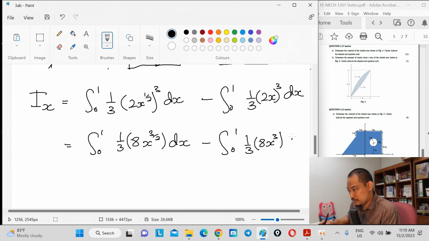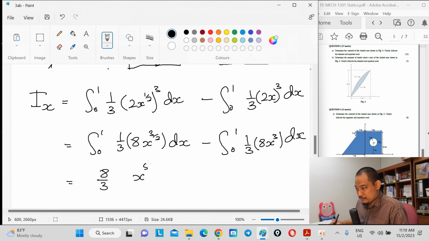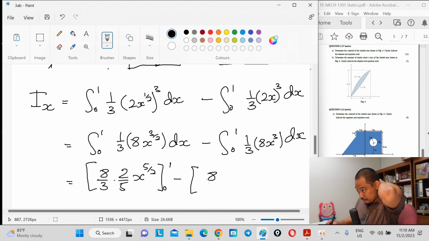Okay, so if you integrate, this is 8 over 3, right? 8 over 3, then x to the 5 over 2, times 2 over 5, minus 8 over 3, 1 over 4, x to the power 4, from 0 to 1.